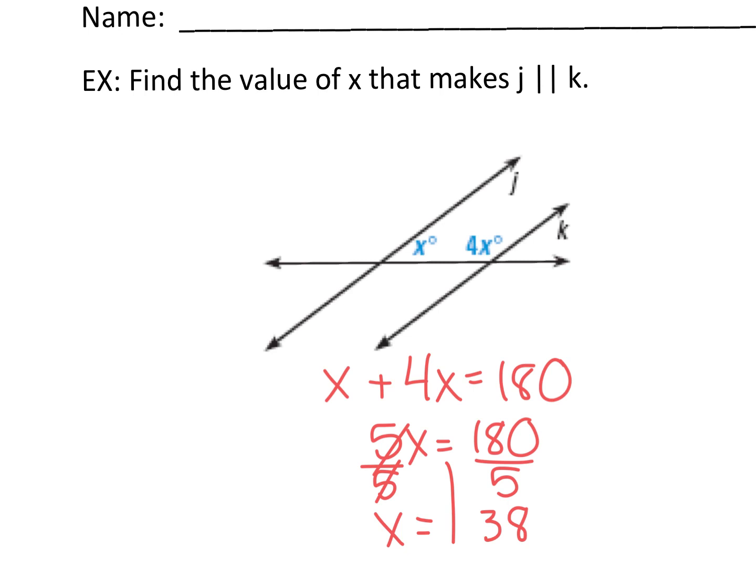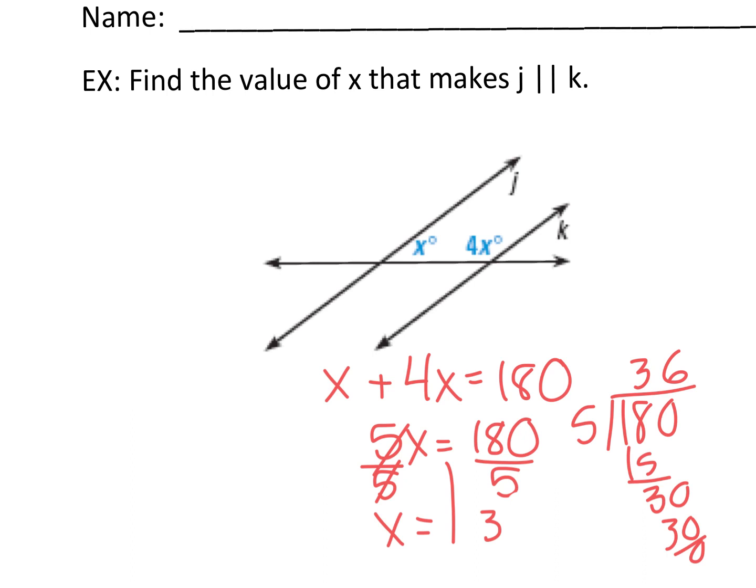I didn't bring my calculator. Maybe it's not right. Let's check it out. That's 36, which is in fact what we wanted. Okay, so I'm going to go back here and change that. Sorry about that. 36. So that would now prove that those lines are parallel.